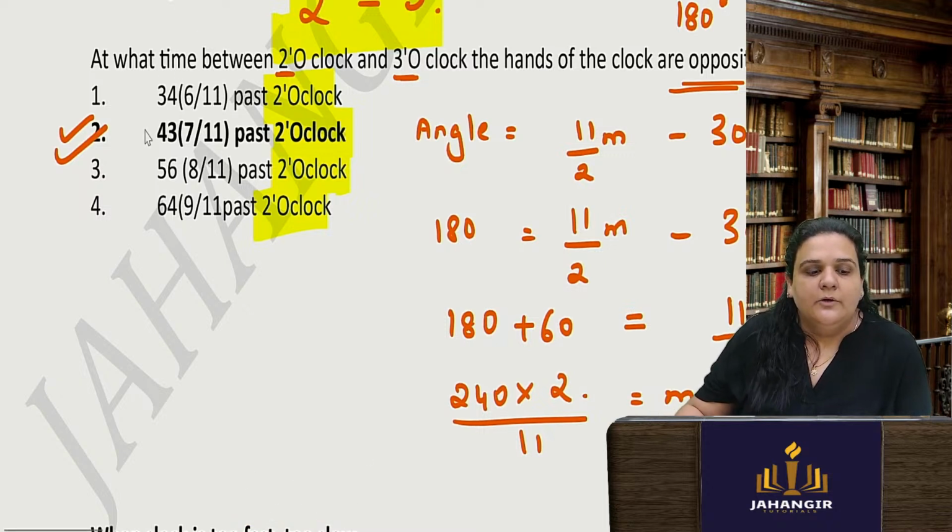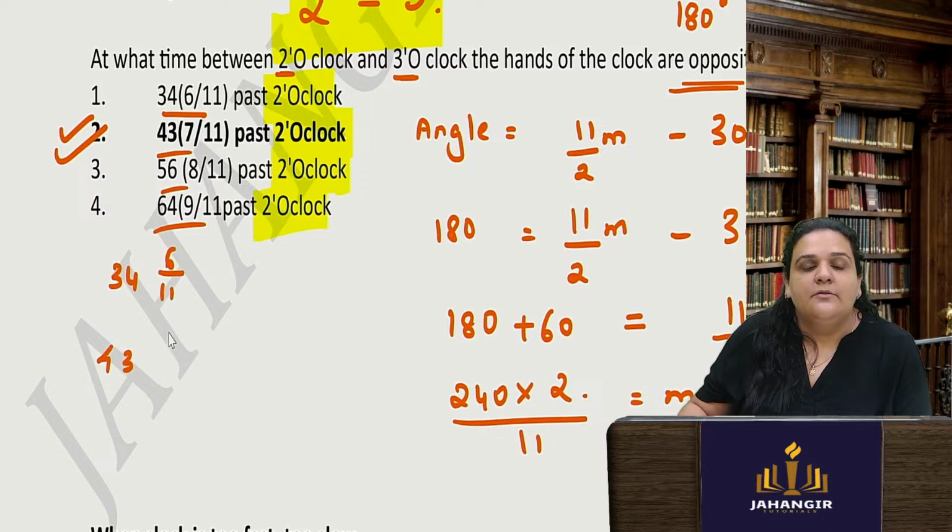Now see, look at the MCQs. It is all 2 o'clock, but the minutes we don't know. The first one is 34 6 by 11. Next one is 43 7 by 11. Other is 56 8 by 11, and then 64 9 by 11.